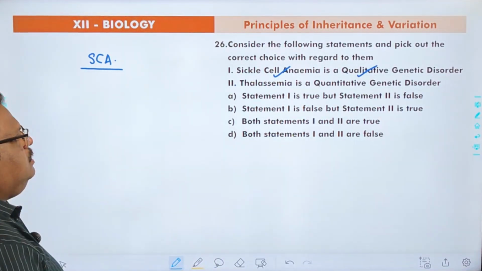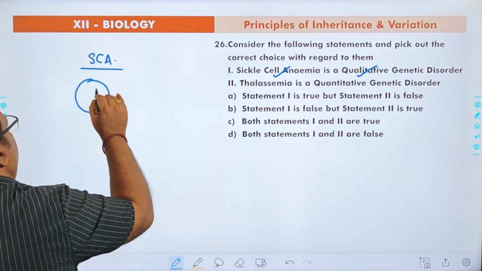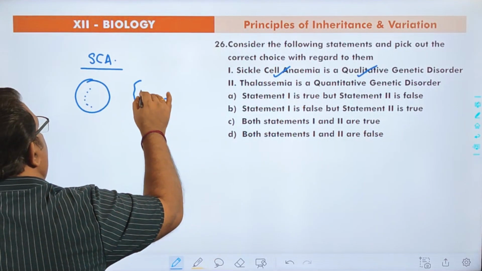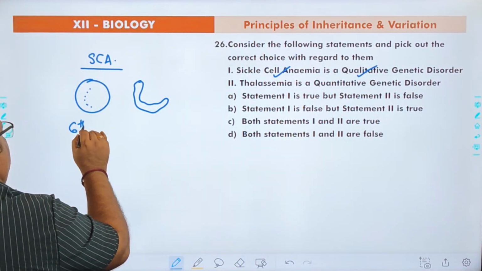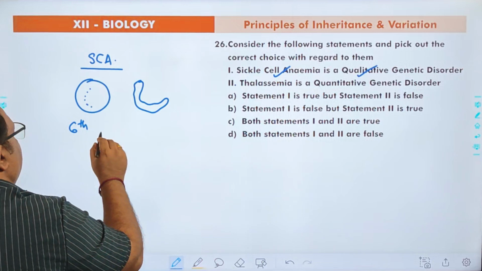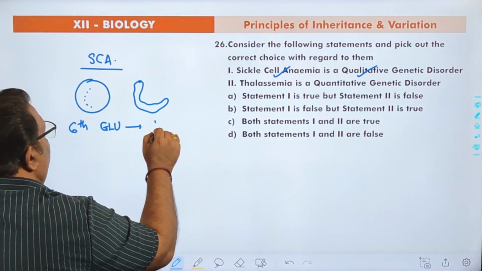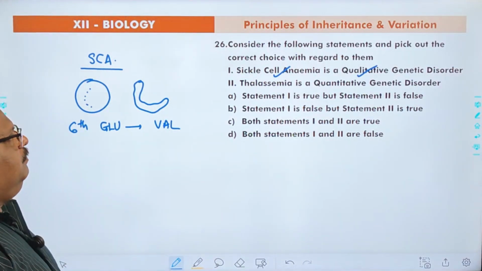The quality means its efficiency is lost. The circular RBC gets converted into sickle shape, isn't it? And the 6th amino acid in the beta chain is changed from glutamic acid to valine. So this is a qualitative change.